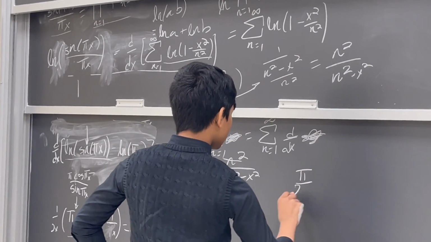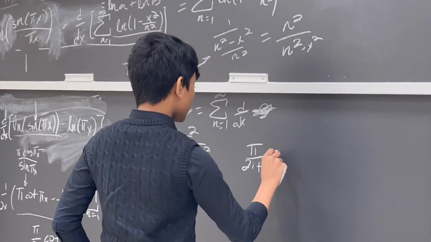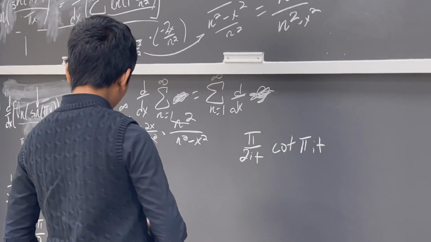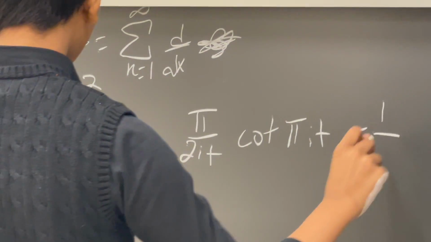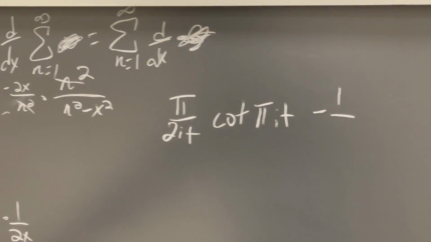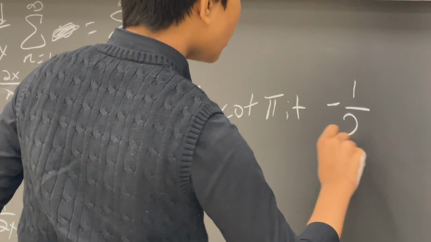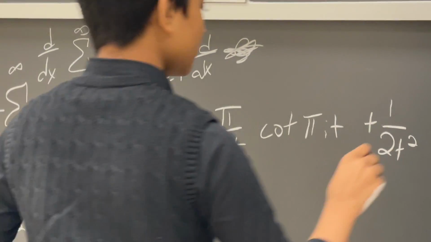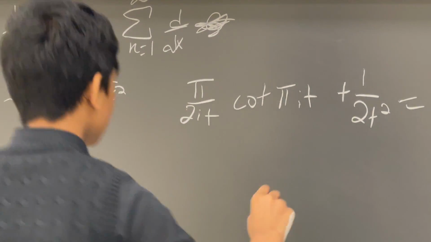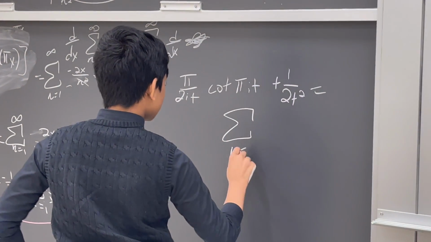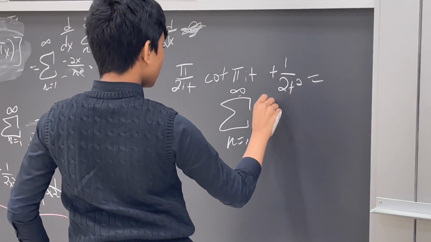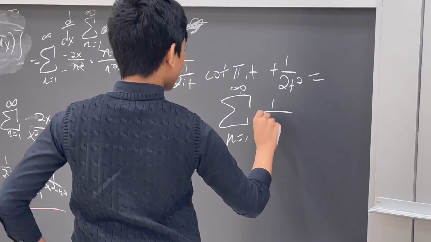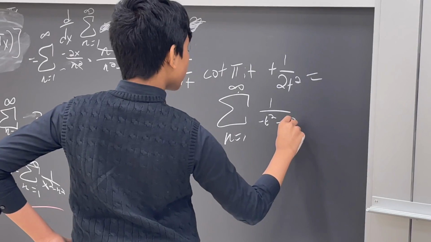Pi over 2it cotan pi it minus 1 over 2x squared is going to be 2i squared t squared. So that i squared is going to make this positive. And this is equal to the infinite sum of 1 over i squared t squared, which is going to make this minus t squared minus n squared.